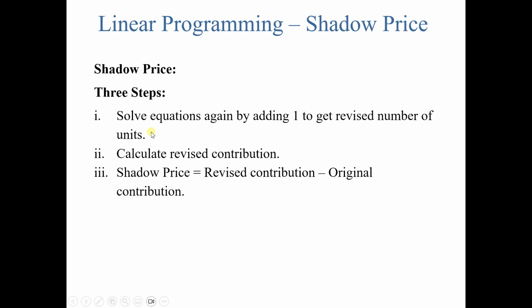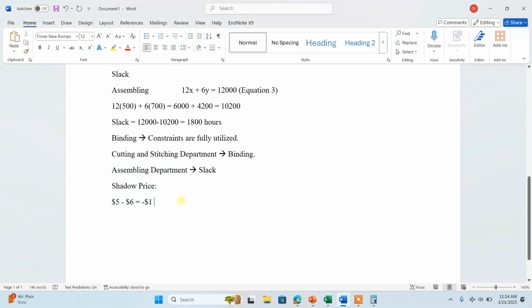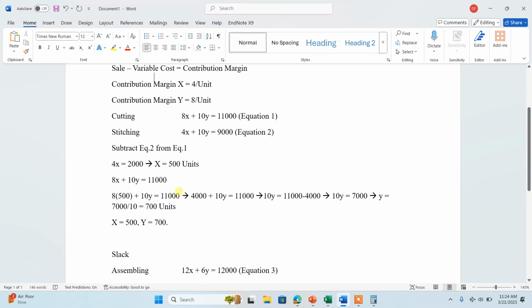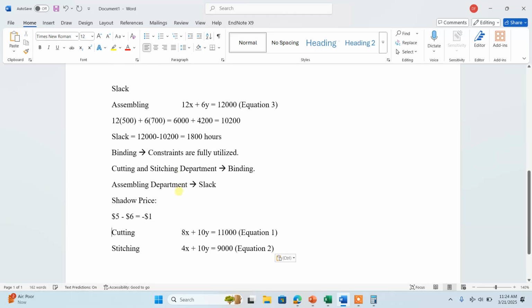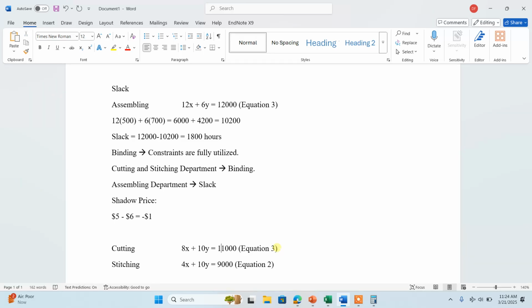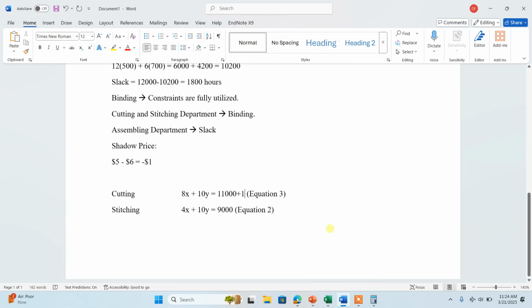Okay, what do I mean by this step? Let me name it, suppose equation 3. What I'm going to do first is add one more hour.